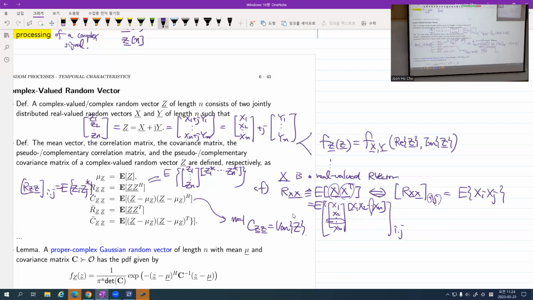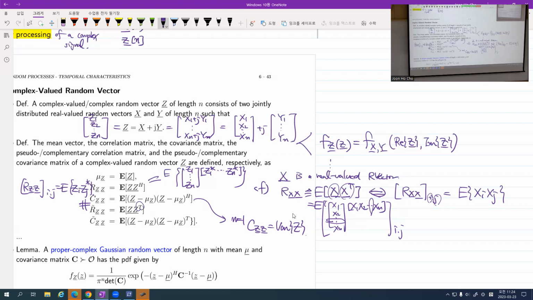Got it? So as you see, the correlation matrix and covariance matrix miss a lot about the second order moments among these complex random variables. So we define the complementary correlation matrix and the complementary covariance matrix of the complex random vector Z. It's similar to what we've seen for a complex random variable. Got it?